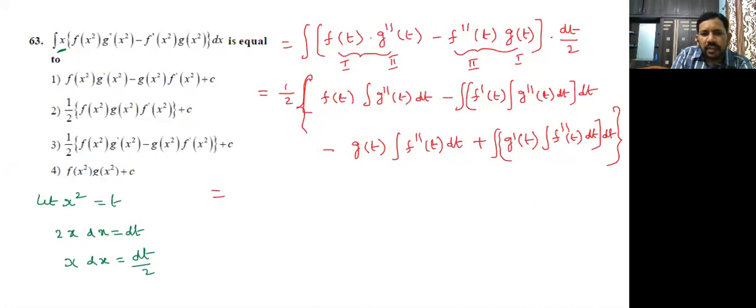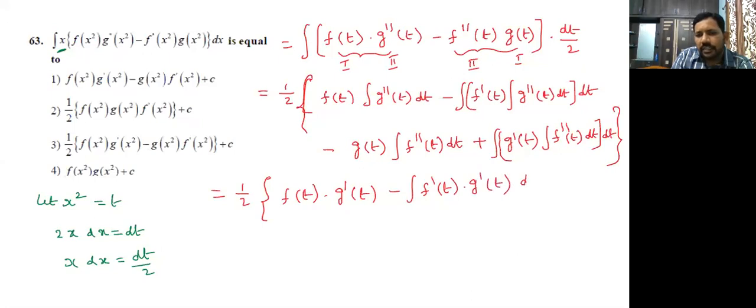Now observe that 1 by 2. So listen carefully students. f of t integration g double dash of t dt. Integration and derivative are going to cancel. Now remaining is f of t g dash of t minus integration f dash of t, where integration g double dash of t is g dash of t dt.